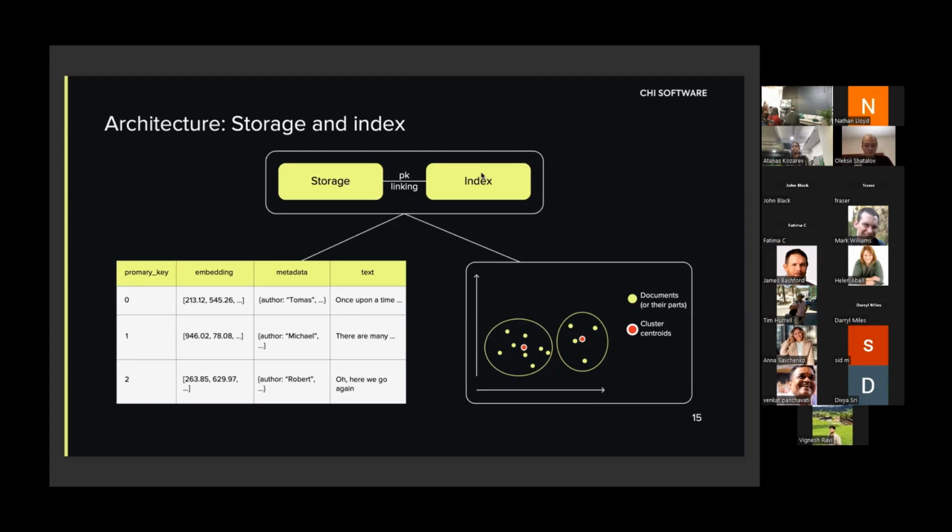We have the embedding, the metadata, and the text. The metadata we are going to use for filtering, the text we are going to use for the search, and the embedding that we stored here after the indexing process by the multilingual language model. The index is a kind of united clusters with the cluster centroids, in both of which we are going to perform this search. I think that's all for this slide. Next slide, please.